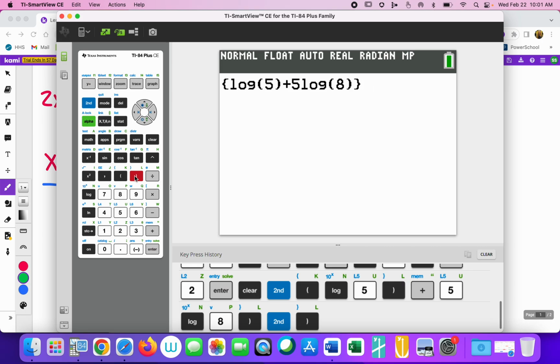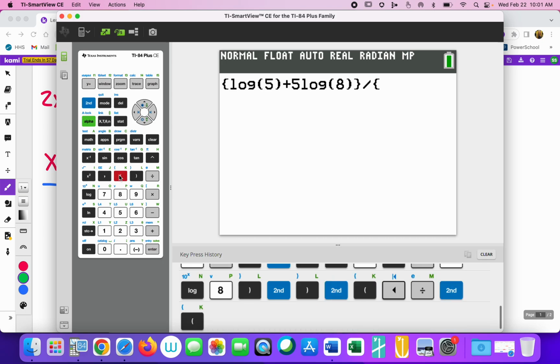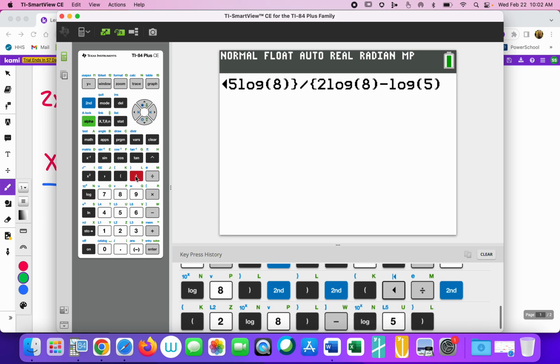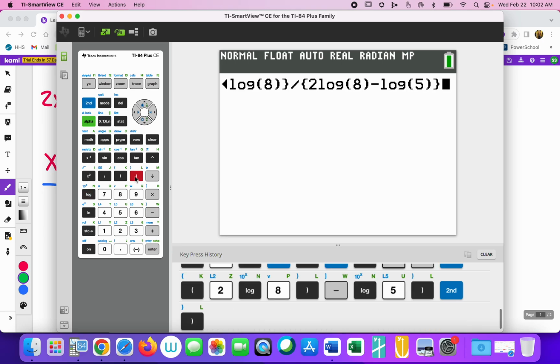Okay. Then the denominator is 2 log 8 minus log 5. So open your brackets again. Whoops, I forgot to divide. 2 log 8 minus log 5. Close out the parentheses after the 8 minus log 5. Close the parentheses and the bracket.